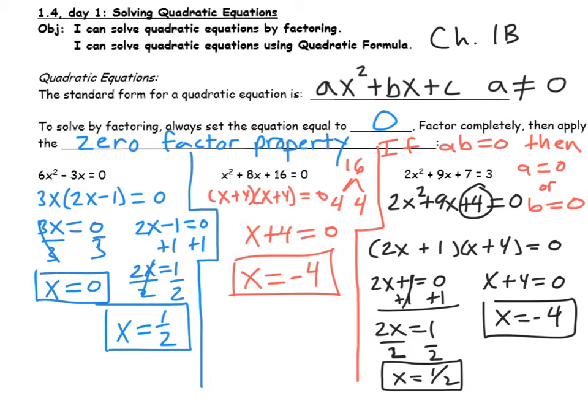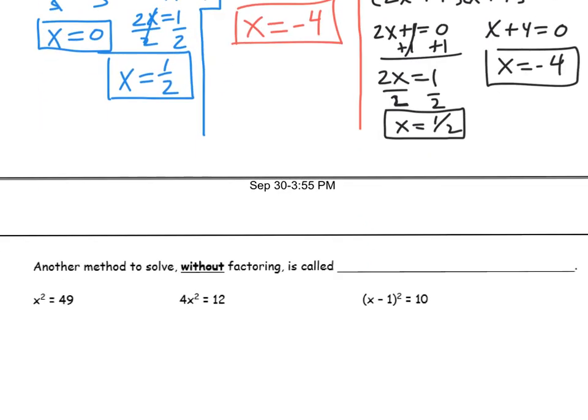And again, you'll see, hopefully, throughout this chapter, for the purposes of producing a graph and for solutions to application questions, a lot of times the x-intercepts or the zeros are relevant. They're 2 points on a quadratic graph that we want to know where they are.